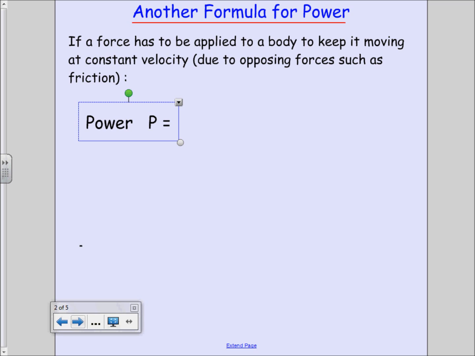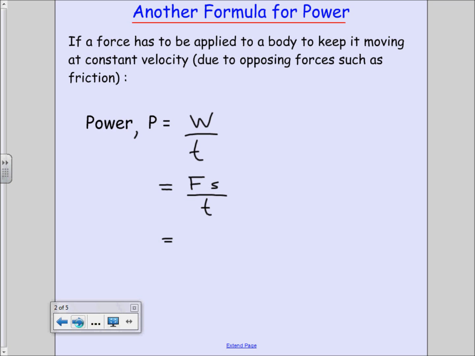All right, another formula for power. If you've got a force being applied to keep something moving at a constant velocity because you're overcoming opposing forces such as friction, then power P we know is work done divided by time taken. But work, from our general formula for work done by a force, is force times displacement, divided by time.